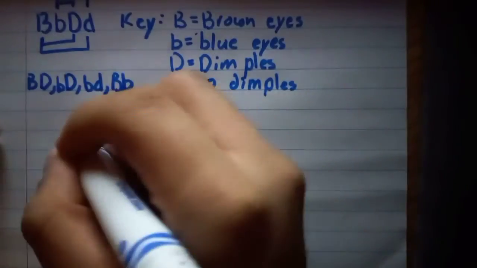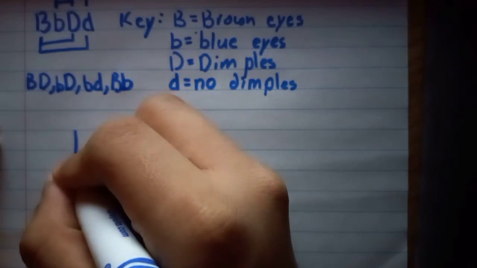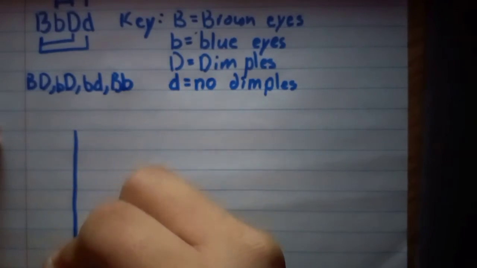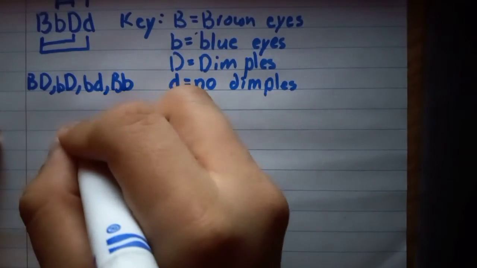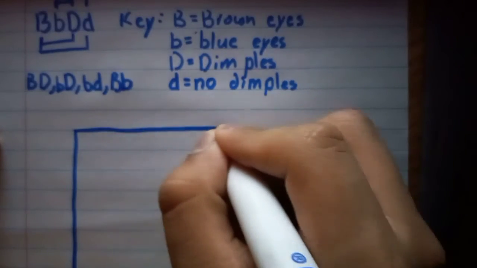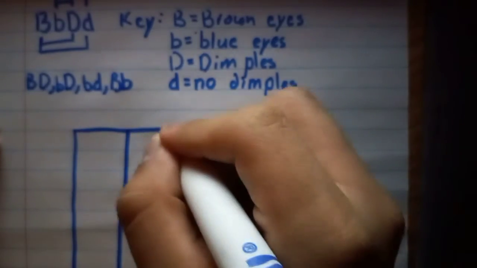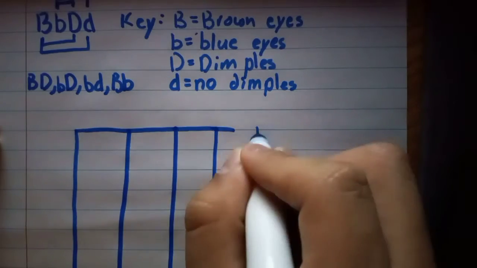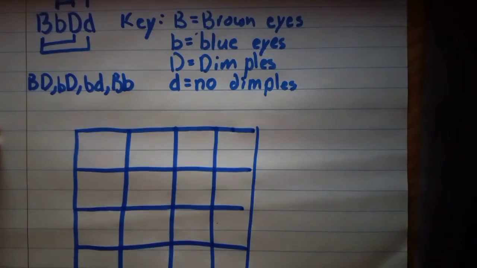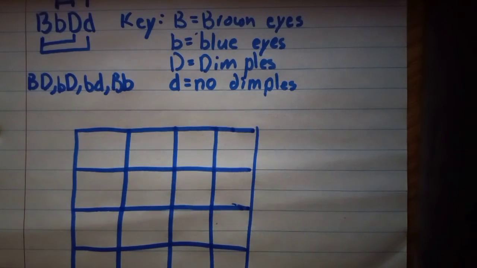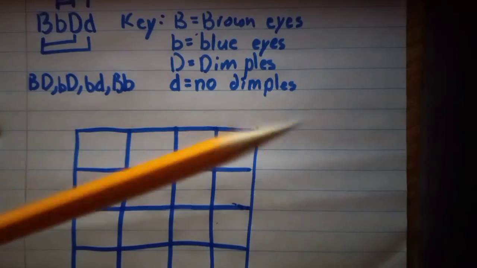So when you're doing this, it will have to be a 4x4, which means in total there's going to have to be 16 squares. Let me draw that right now. Here, I probably made it too small, but I'm going to use a pencil for that.